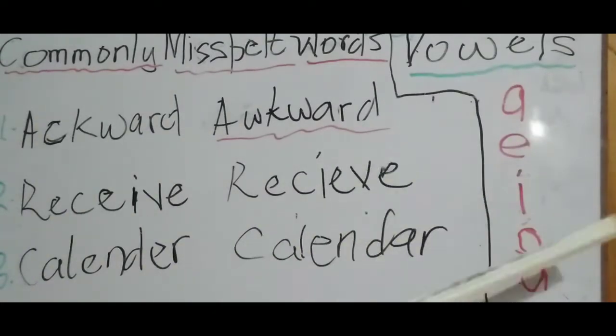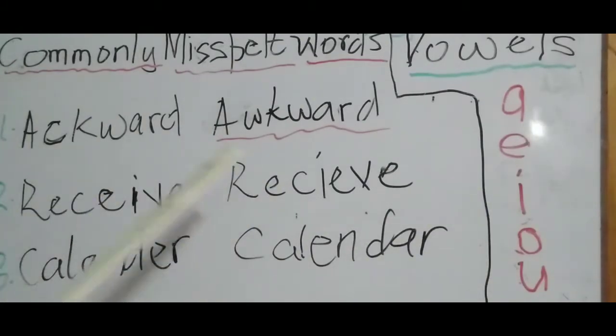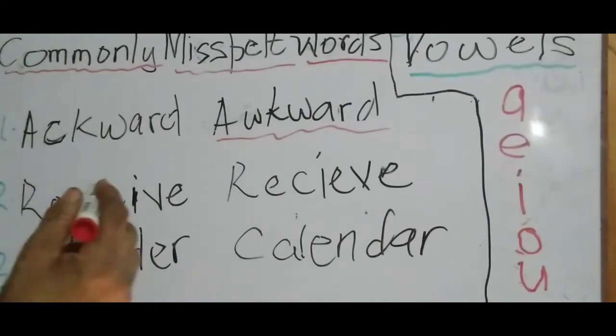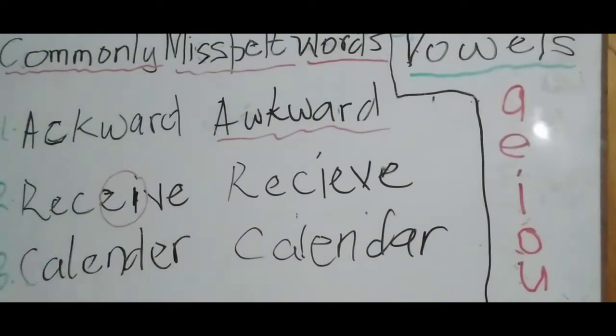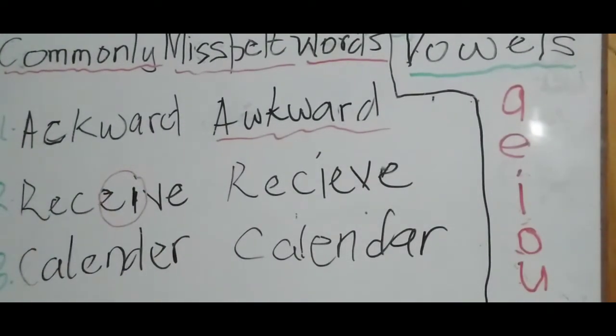And the reason why I put the vowels here is because I need to explain something to you with the word receive. There's a rule in the English language which says that whenever you have the letters E and I coming behind each other, the I usually comes before the E. So in most English words where you have I and E coming behind each other, the I usually comes first when you are spelling it.